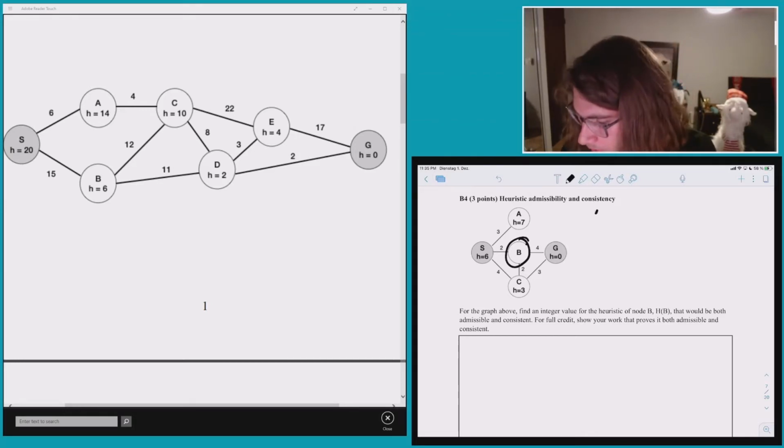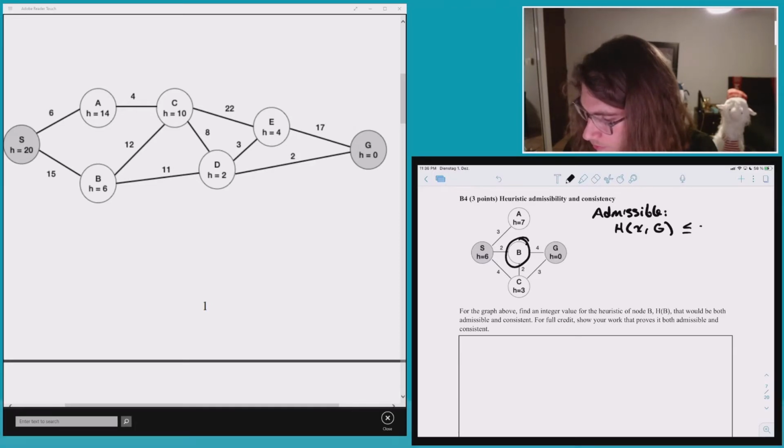So admissible: the heuristic distance from some node X to the goal is less than or equal to the length of the shortest path from X to the goal.